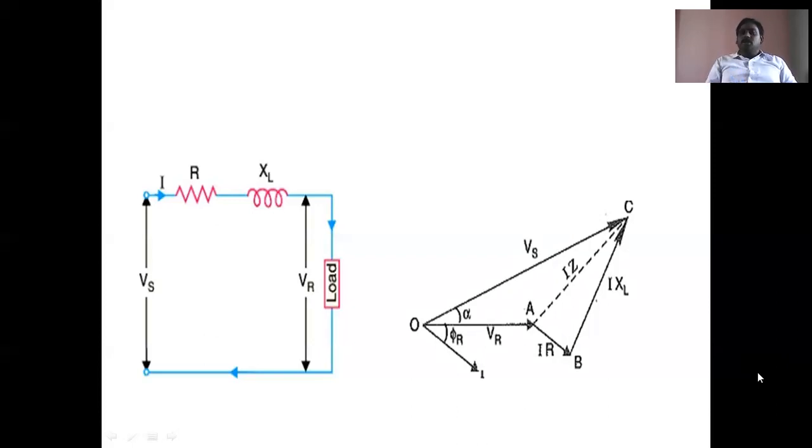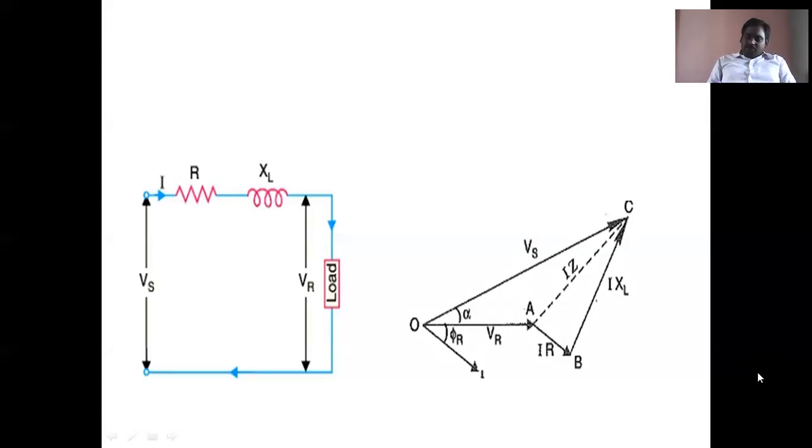Right. So here, if you can see, the total voltage is the sending end voltage Vs. Some portion of the sending end voltage is dropped in the transmission line due to its resistance as well as inductive reactance. That impedance drop is IZ. The remaining portion is the voltage available at the load side or receiving end, that is VR.